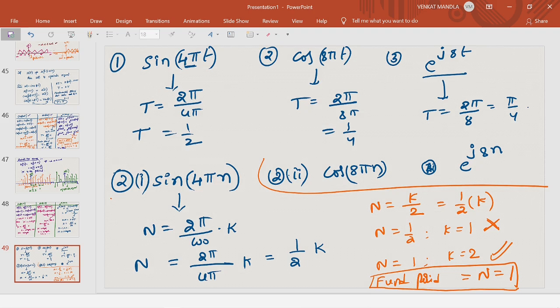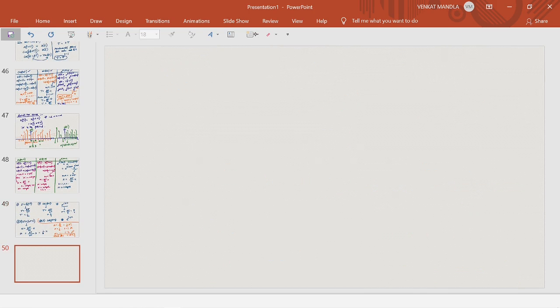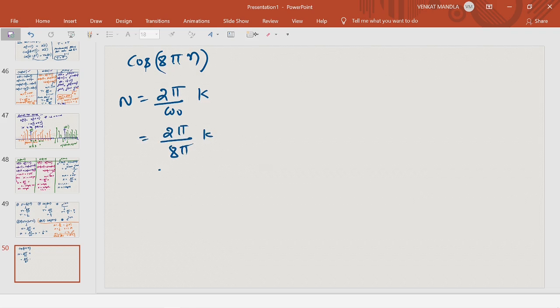That's it. And the next, cos 8 pi n. So n equal to 2 pi by omega naught into k. 2 pi by omega naught is 8 pi into k, here k by 4.